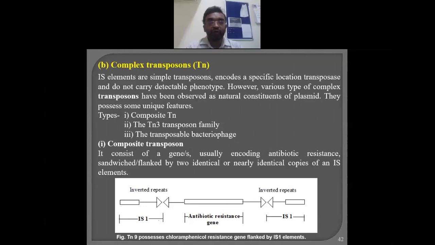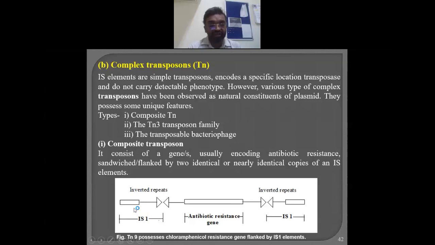If you allow the cell to grow in the presence of that respective antibiotic and the cell still grows, that indicates that the respective antibiotic resistance gene is present. So antibiotic resistance can be characterized phenotypically. It is actually made up of two IS elements, and in between their structure, the antibiotic resistance gene is there.